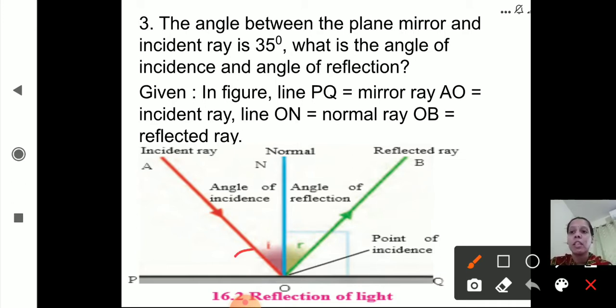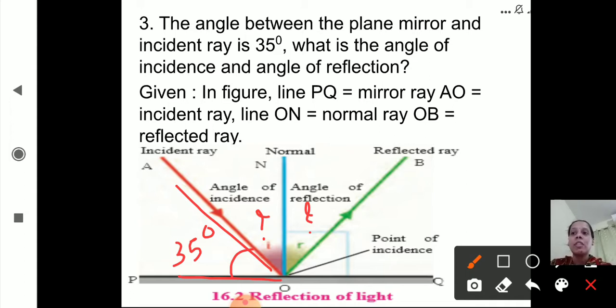See, this angle is given, that is 35 degree. We have to find out the angle of incidence, that is I, and angle of reflection, that is R.